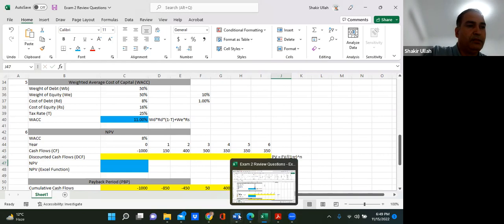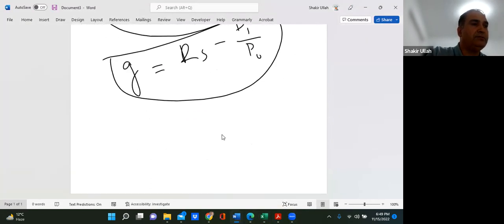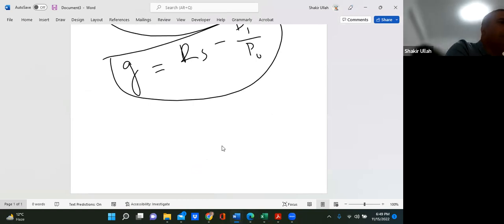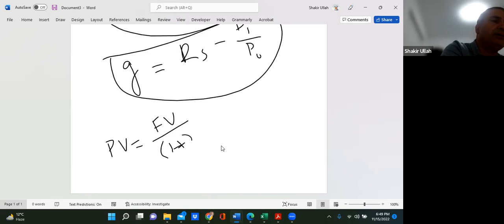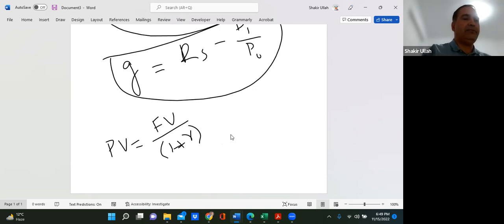Let me write that down for you here as well. Present value is equal to future value divided by (1 plus R), where R is the interest rate or the cost of capital or the WACC or cost of equity, whatever is relevant in that particular formula. And this is raised to the power n.